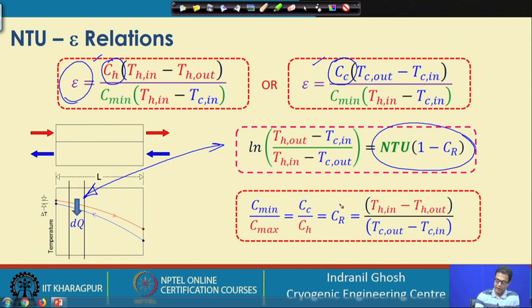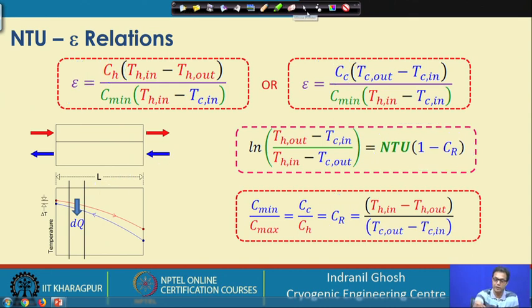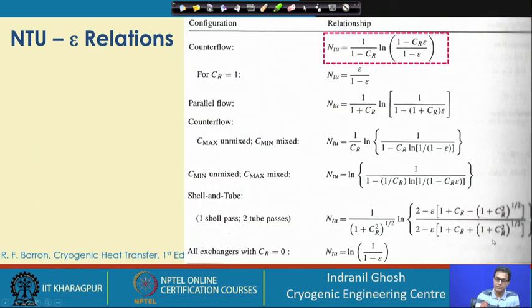With the help of the heat capacity ratio CR, which is defined as C min by C max, we can also find expressions like this one, which we arrived at in the last class.